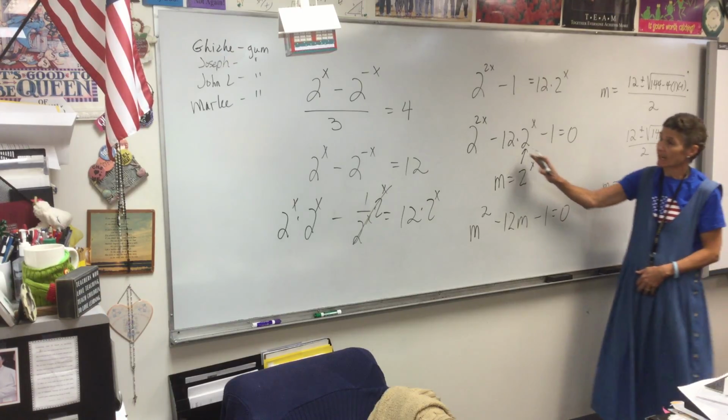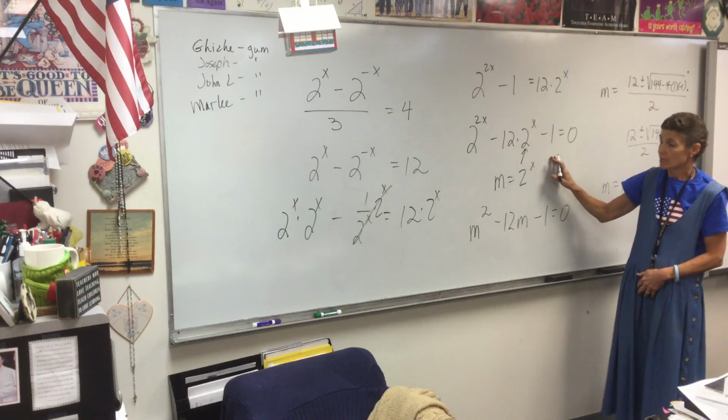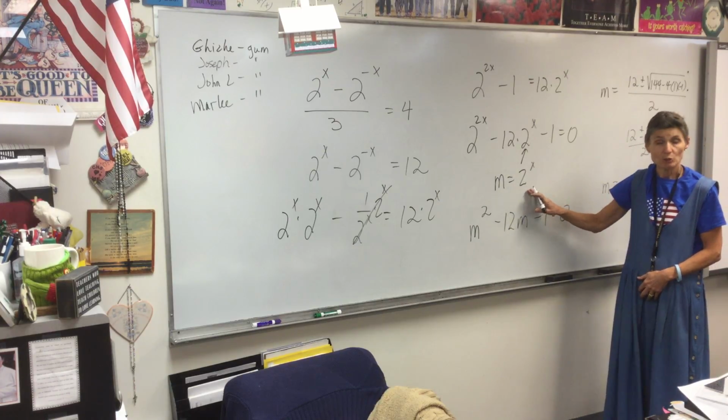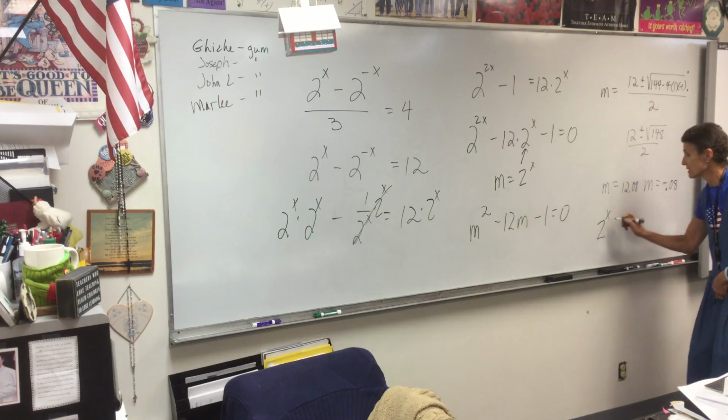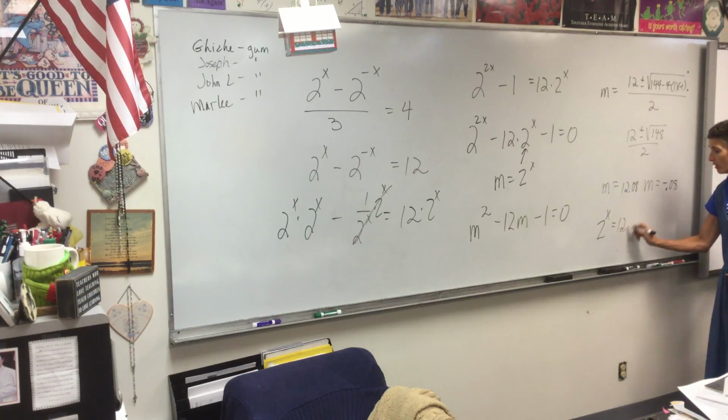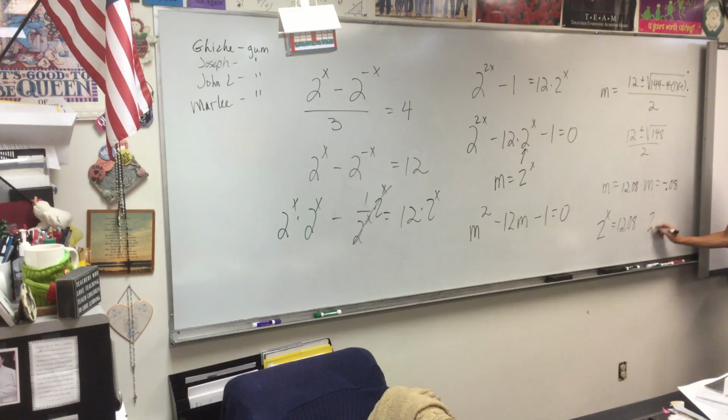Remember, we didn't like the way that equation looked. So we let m be 2 to the x. So 2 to the x is 12.08, and 2 to the x is negative 0.08. Does that bother you?